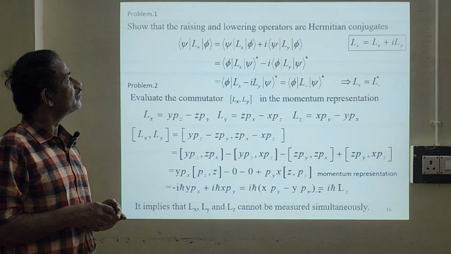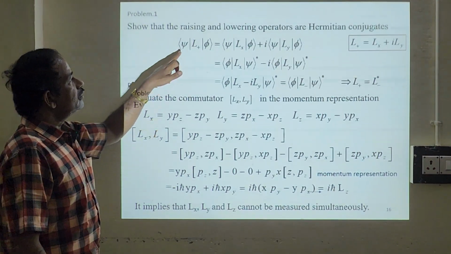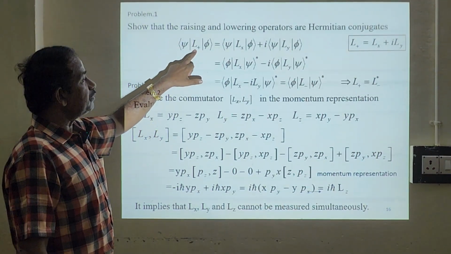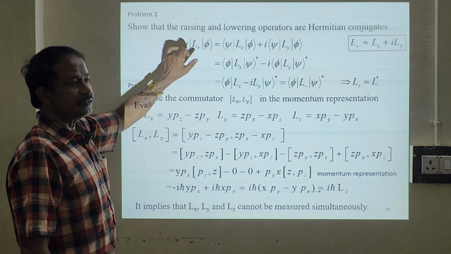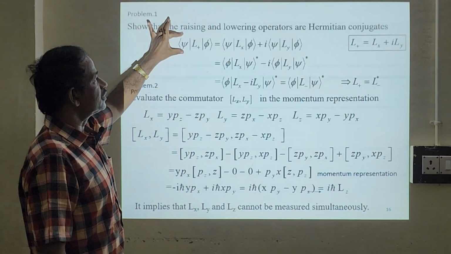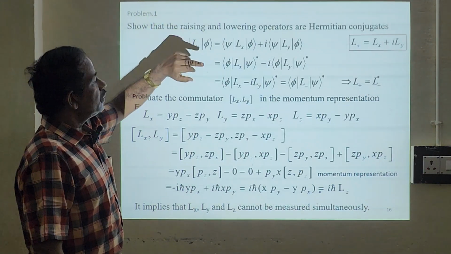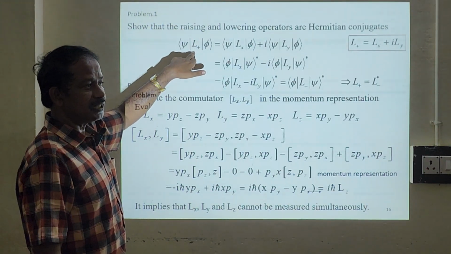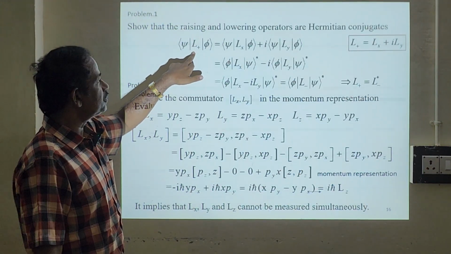Okay, so we are going to show this one. Now consider L plus sandwiched between bra phi and ket psi. We are going to prove that the Hermitian conjugate of L plus will be L minus.